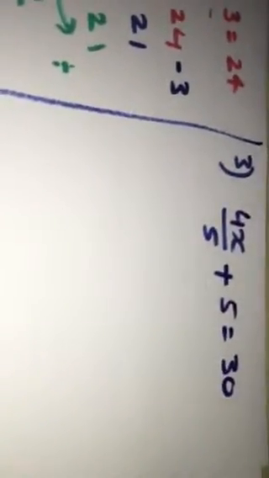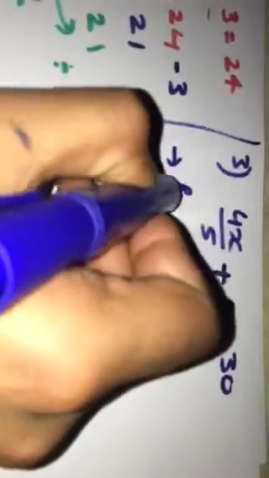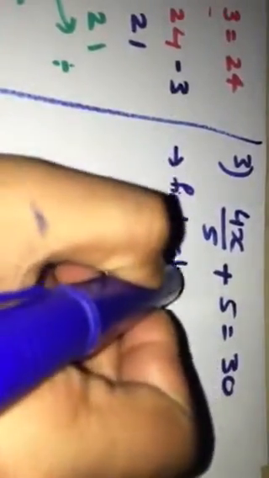So you have 4x divided by 5, plus 5 is equal to 30. Your question is find the value of x. Okay, this is your question.